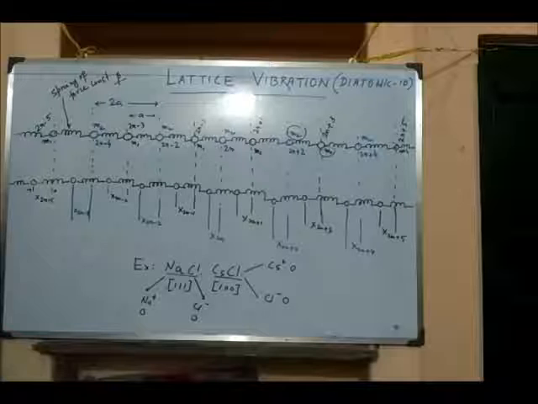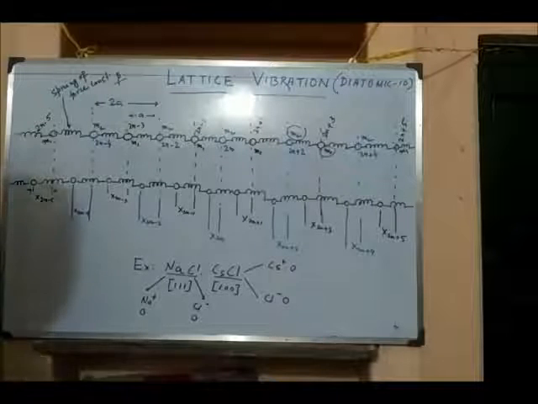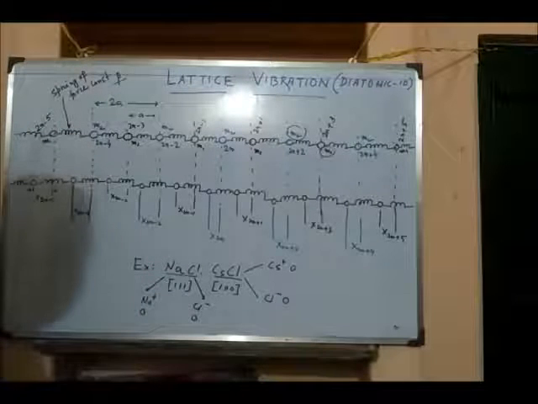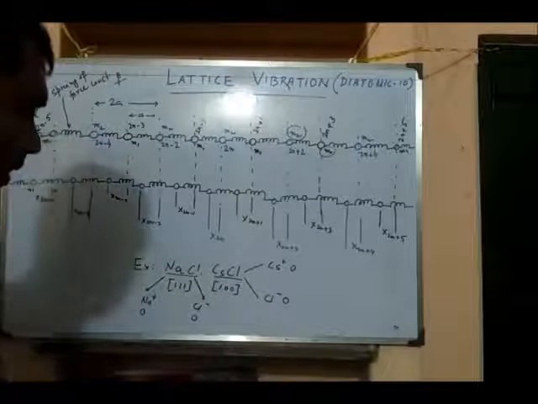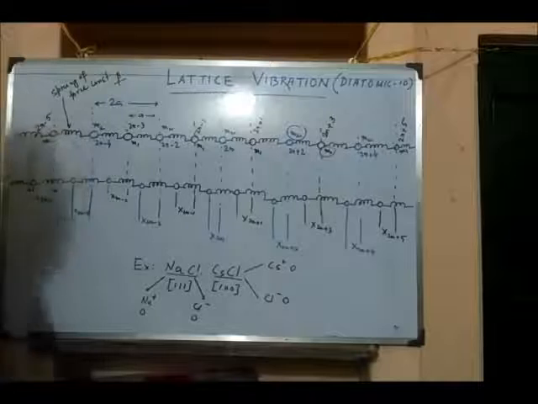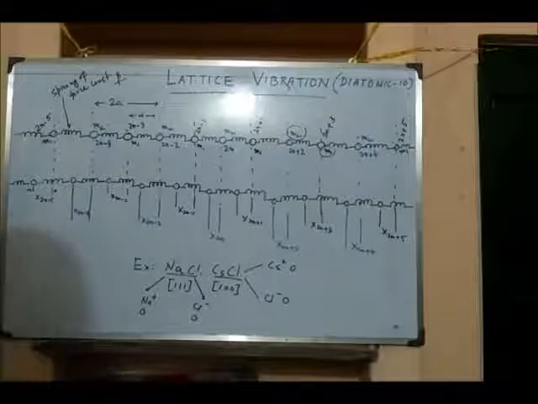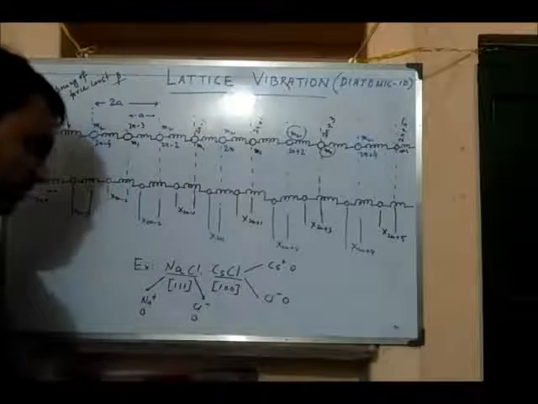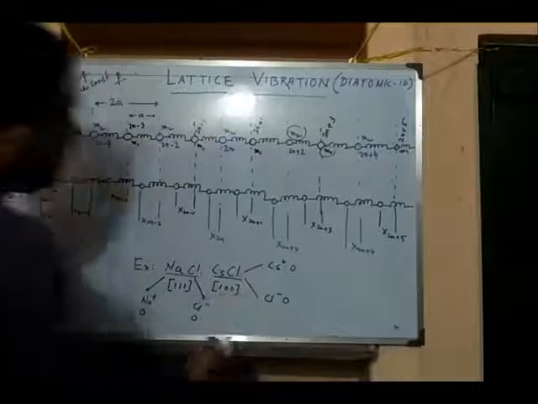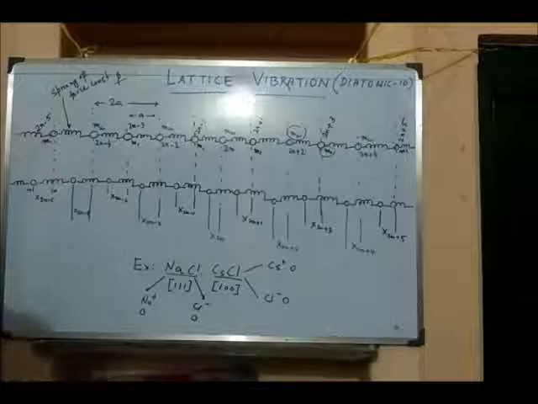Now, if you consider the sodium chloride crystal, this is obviously a face-centered cubic structure, and if you look at the 111 plane, you get the same types of atoms in that plane. And for cesium chloride, obviously in the 100 plane, you get the same types of atoms.